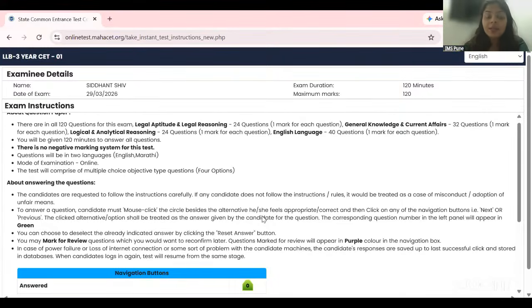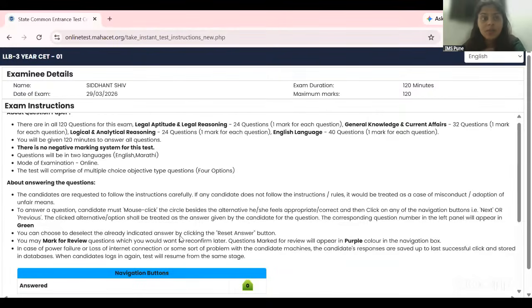It is a good practice, and it is advisable from the Get Set Law team, from myself, that please take out 2 to 3 minutes of your time to read this important instruction section. You will get information like whether you can revisit your answer, whether there is any negative marking or not. Generally, the MHCET exam does not have any kind of negative marking. So it is always advisable that please do not skip any question. Make sure that you're marking all the questions.